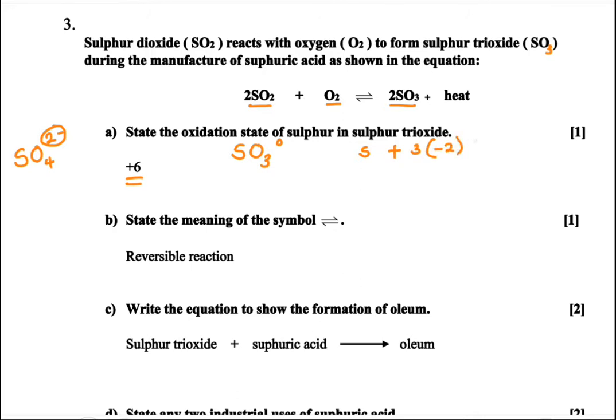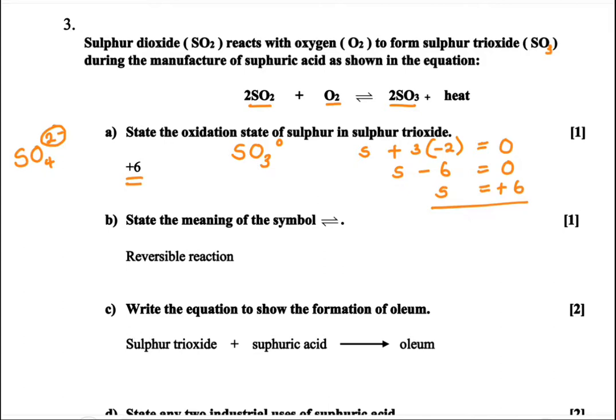So we have S plus 3 times -2 equal to 0. Then we find S minus 6 equals 0. Then our S will be equal to plus 6. So that's why our oxidation state here is plus 6.